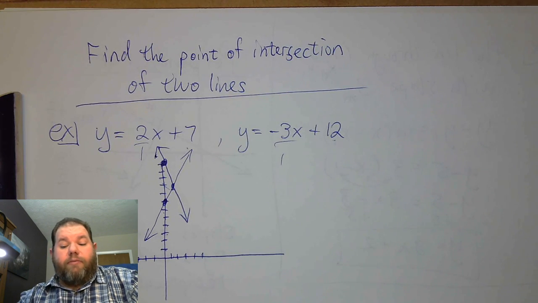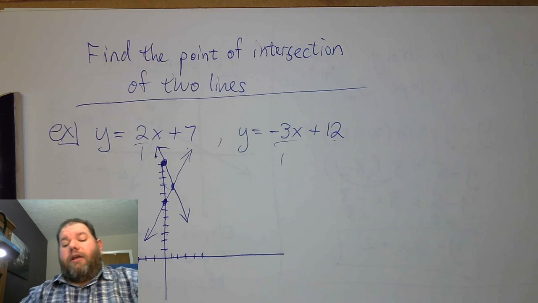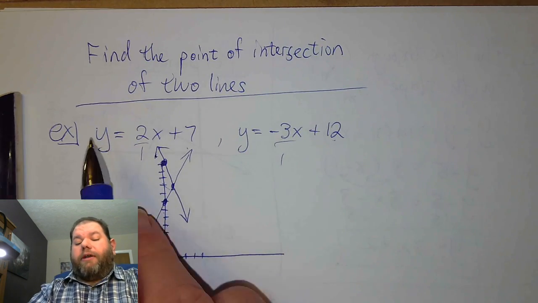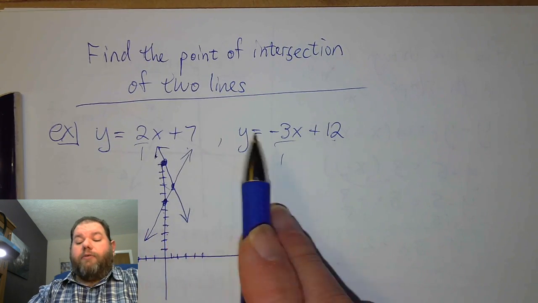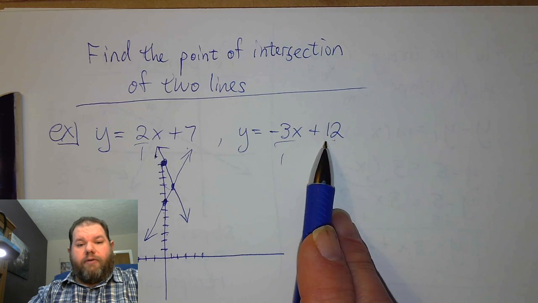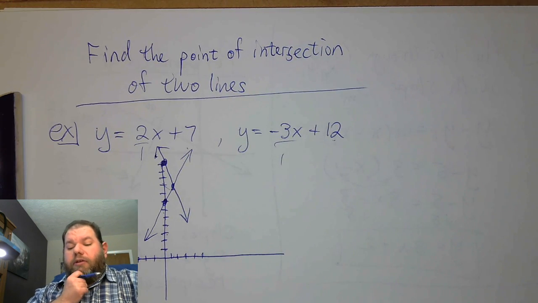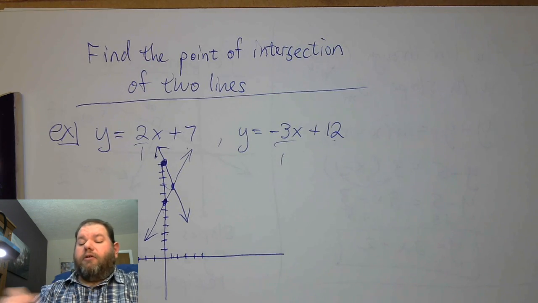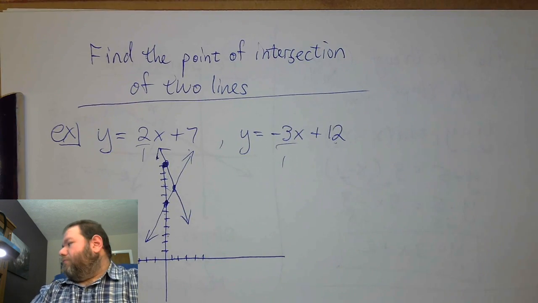So, if we want to figure out the point of intersection of the two lines, since we have y equals 2x plus 7 and y equals negative 3x plus 12, the idea is one of substitution, in that we can substitute one equation into the other.